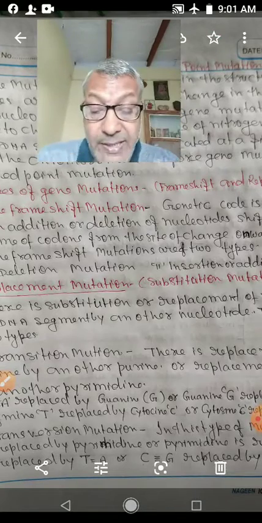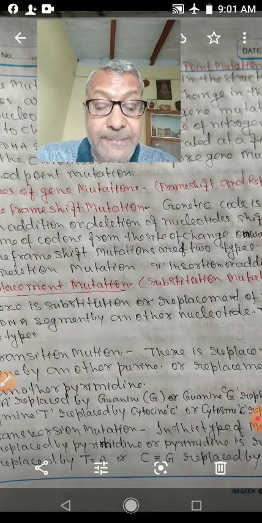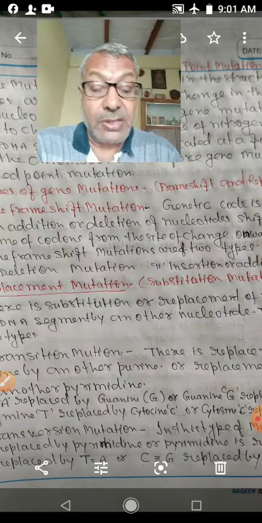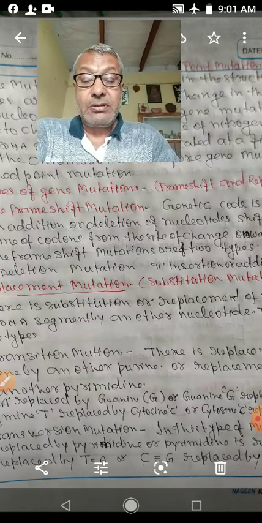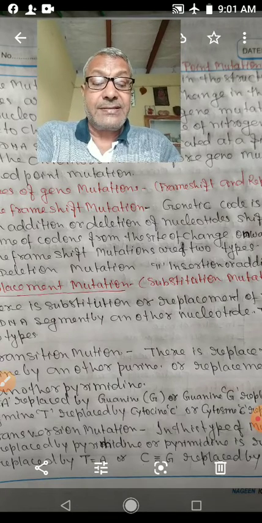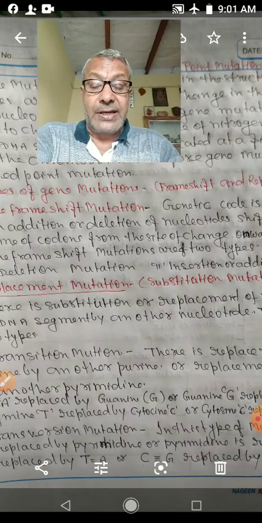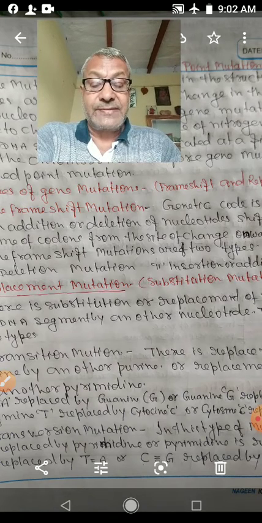So, frame shift mutation. What is the frame shift mutation? The genetic code is comma-less. Both addition or deletion of nucleotides shift the reading frame of codons from the site of change onwards.